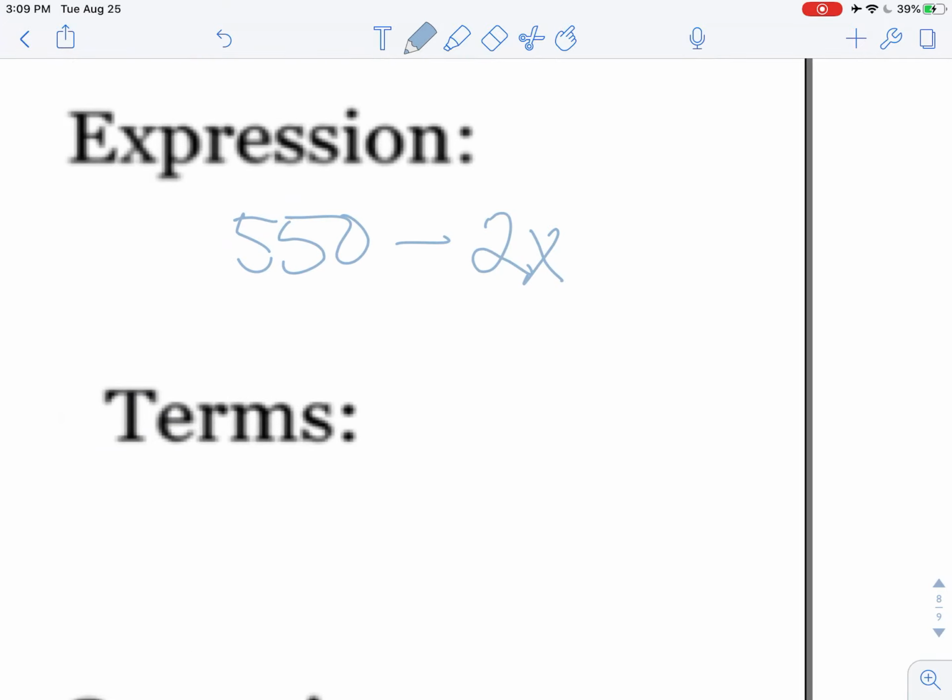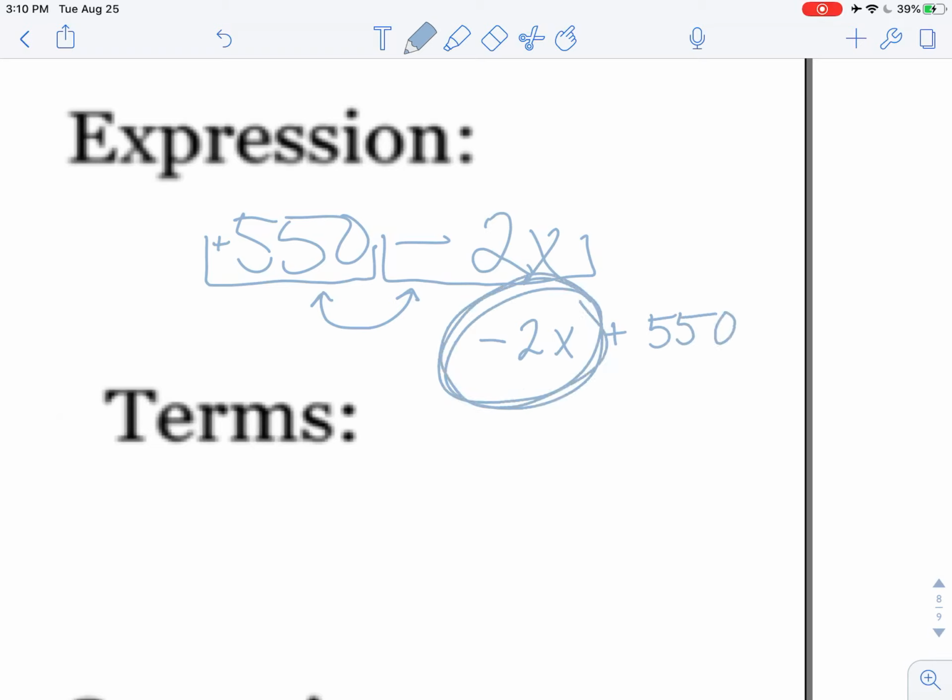If I wanted to rewrite that in the opposite direction, I separate my terms and all I need to do is switch them around. As long as my 550 stays positive and my 2 stays negative, that's fine. Negative 2x plus 550. So in this way, you're subtracting your 2 gallons per second first and then adding the original 550 gallons.